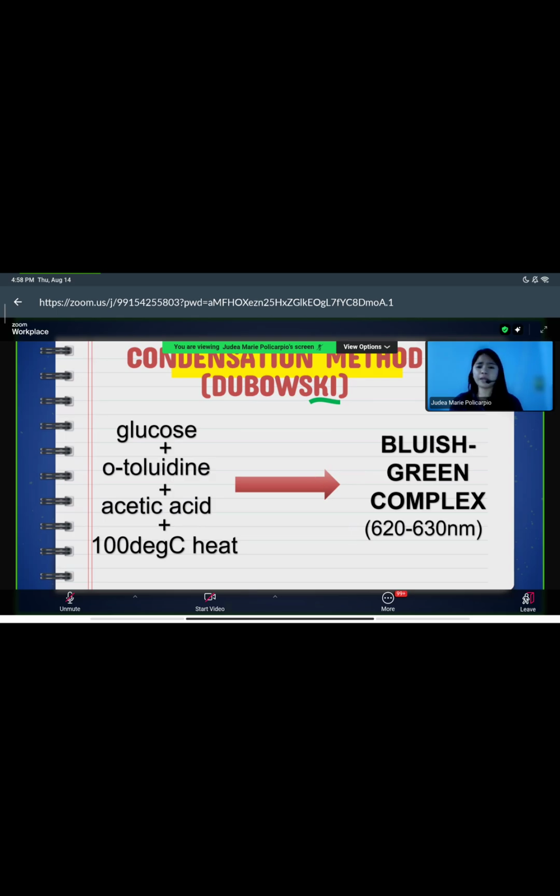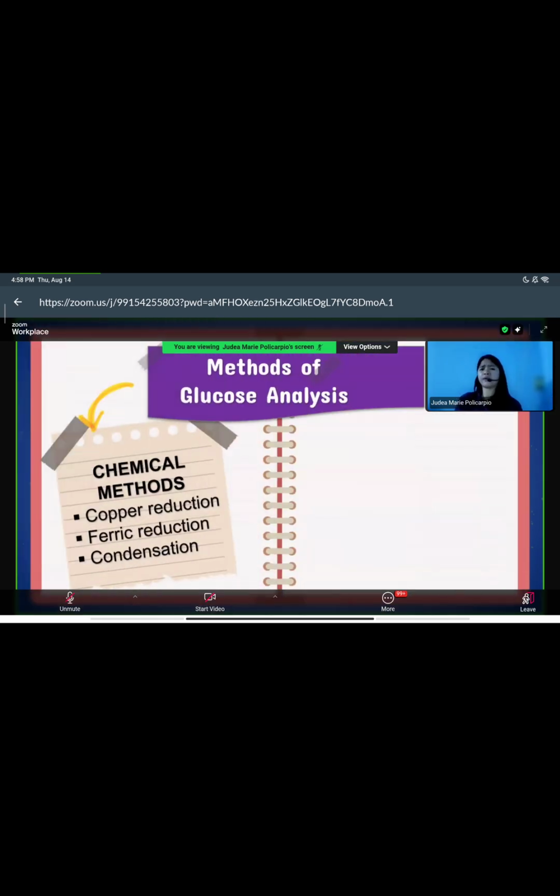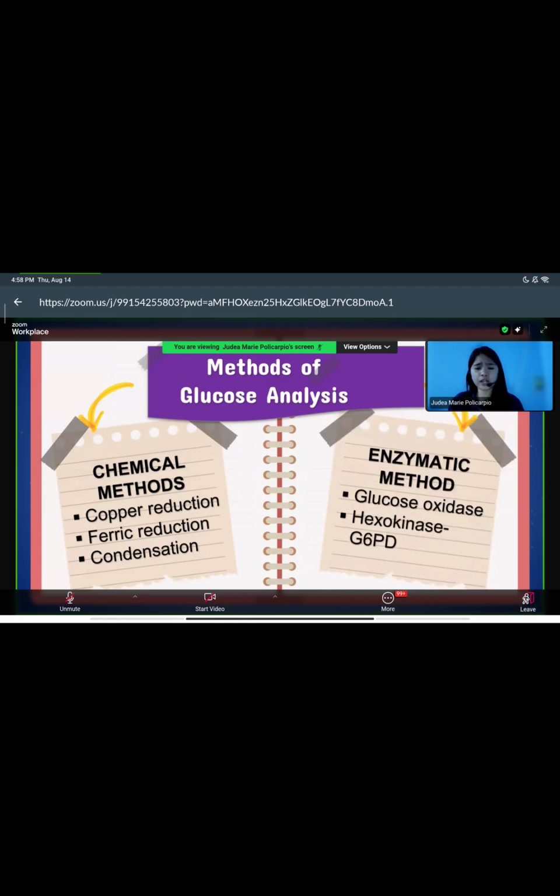Bakit nga pala enzyme ang ginagamit natin as reagent? Kasi enzymes are biocatalysts, pampabilis. So para mabilis yung result natin, magandang gumamit ng enzyme. Kaya naman, a lot of automated instruments nowadays are using enzymes as reagent kasi enzymes can make the reactions faster.